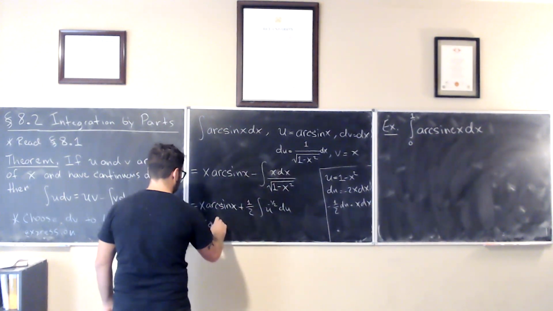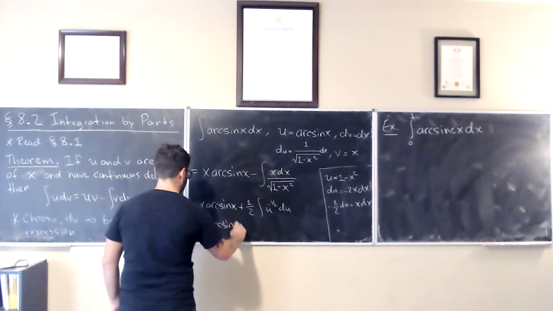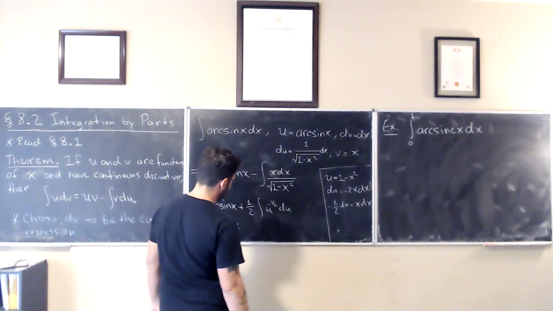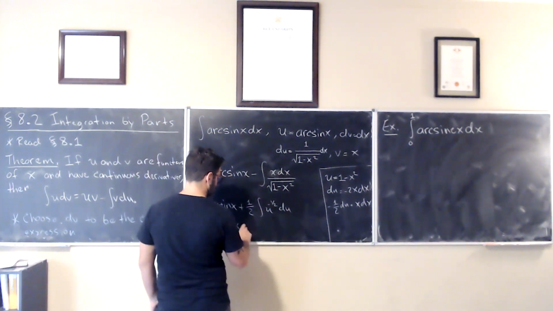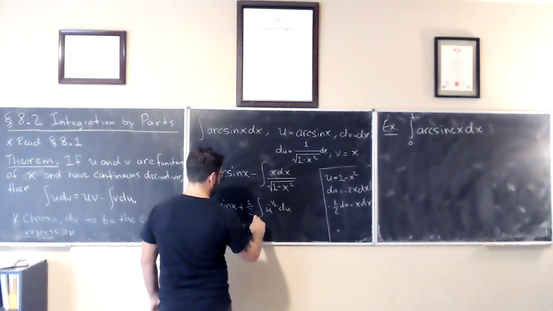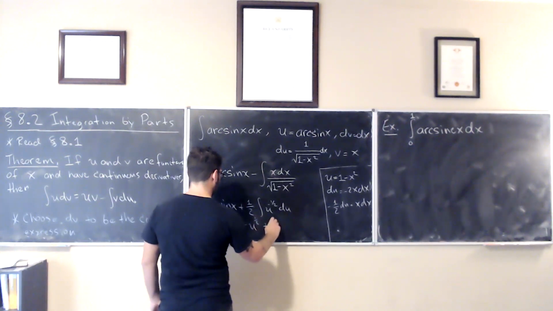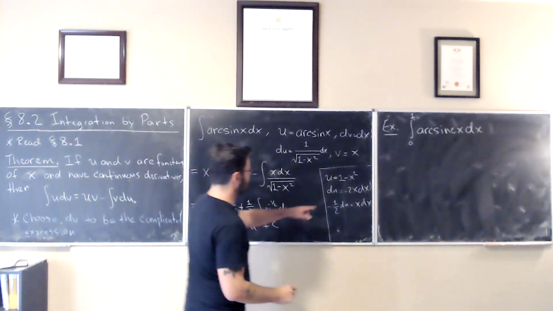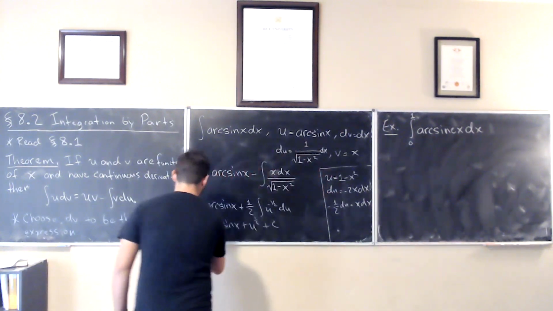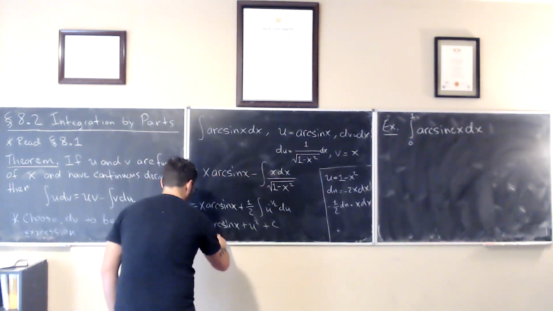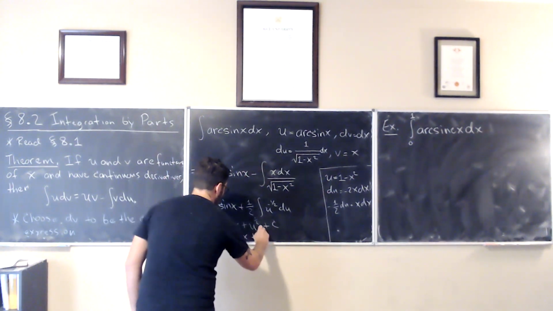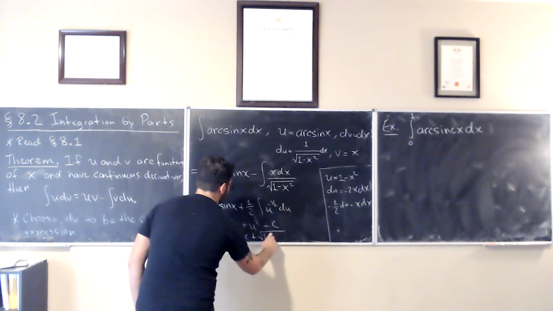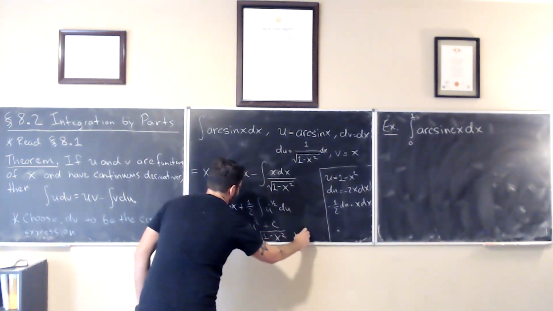So we have half divided by a half, that'll go away. This will just be plus u to the power of 1/2 plus c. So the u is really that. So arc sine x plus square root of 1 minus x squared, all plus c.